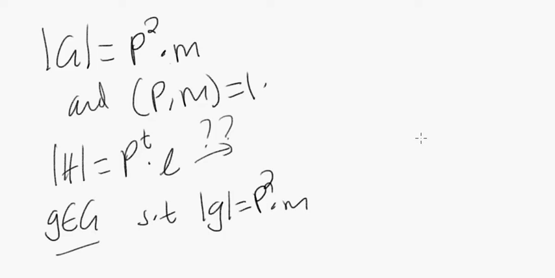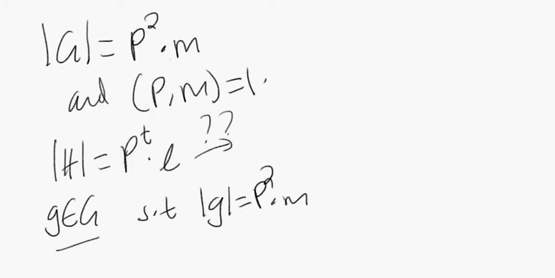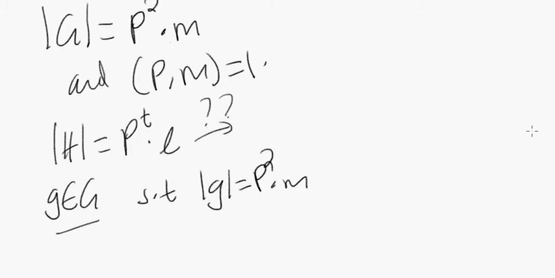If the group is cyclic, so what? Oh, wait a second. If there exists some element little g in G whose order equals p squared times m, aren't we saying that the group G can be generated by the element little g?